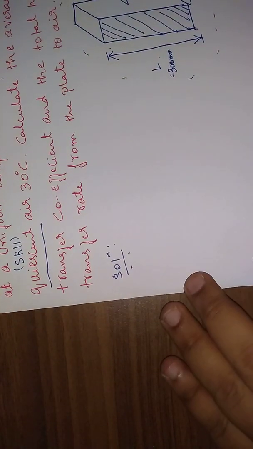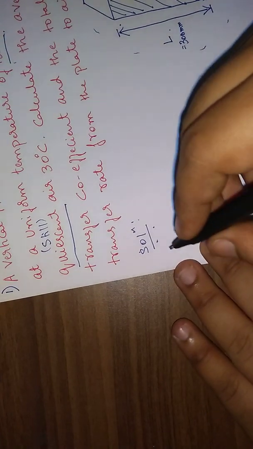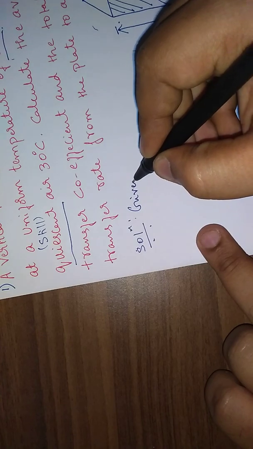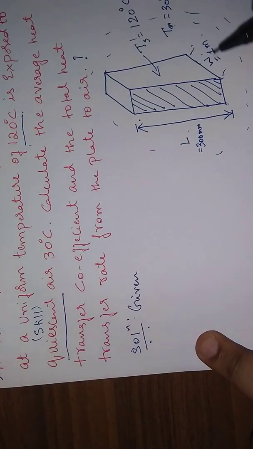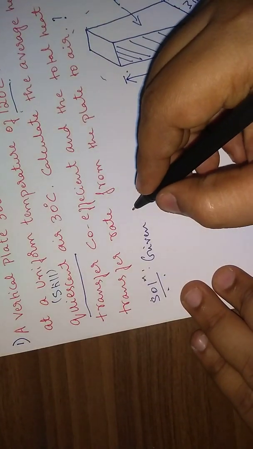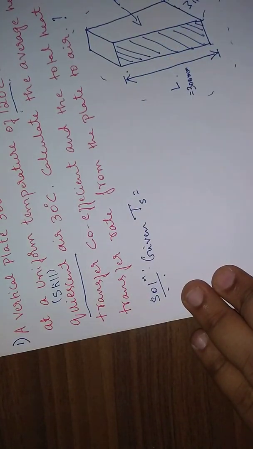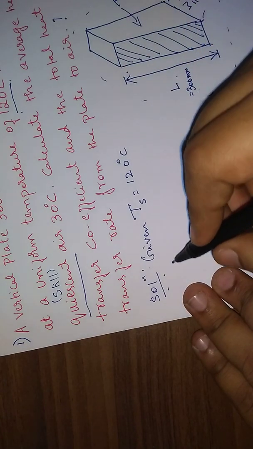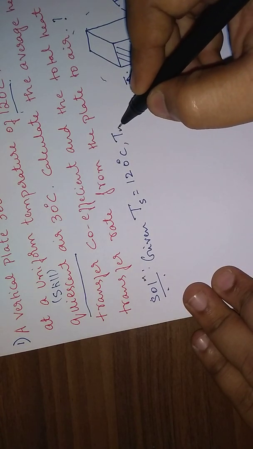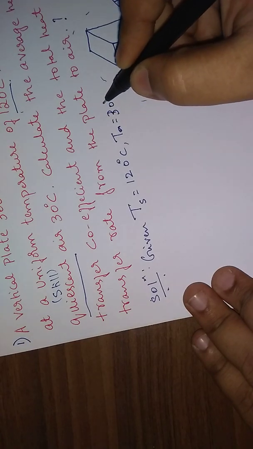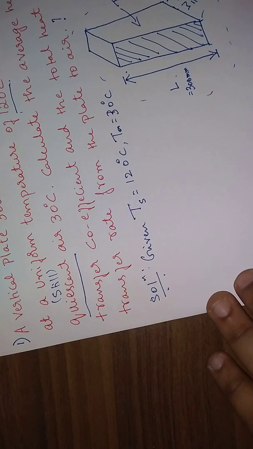Now what is the solution? Let us write the given data here. Whatever we have written here, let us write it here. Given: Ts equal to 120 degrees centigrade, and T infinity equal to how much? 30 degrees centigrade, that is the atmospheric air temperature.